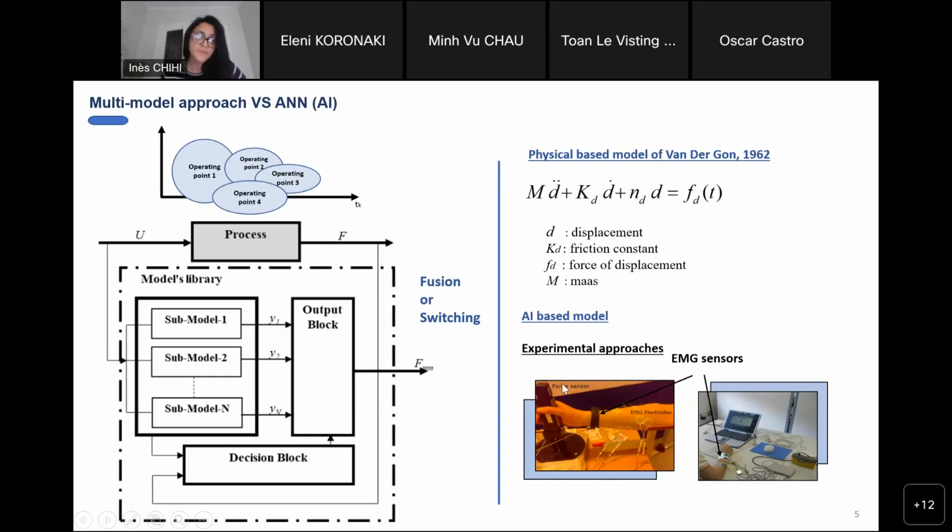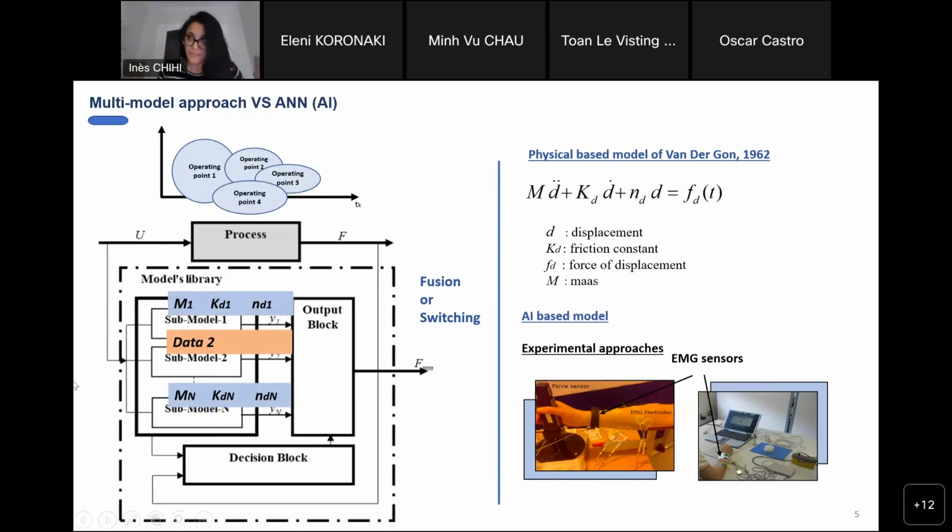So I can put in my submodels the first model, for example, that represents data 1, then submodel 2 represents data 2, and submodel n could represent data n. This is a combination based on input-output models. I can also put hybrid models in my submodels.